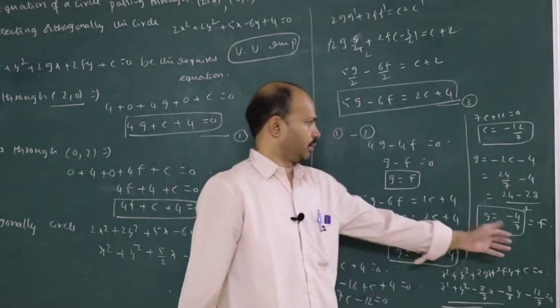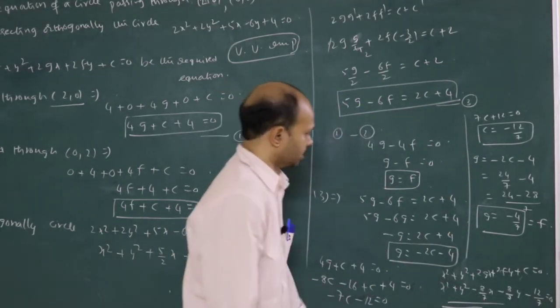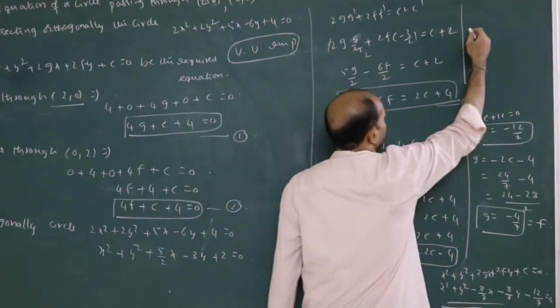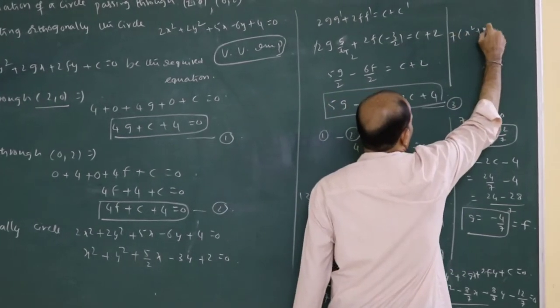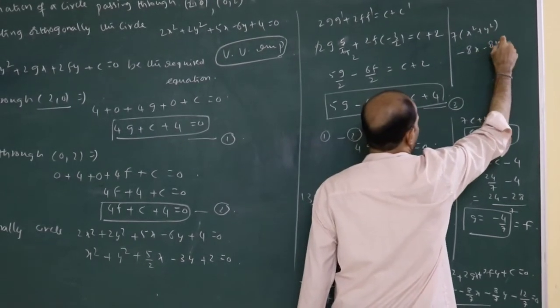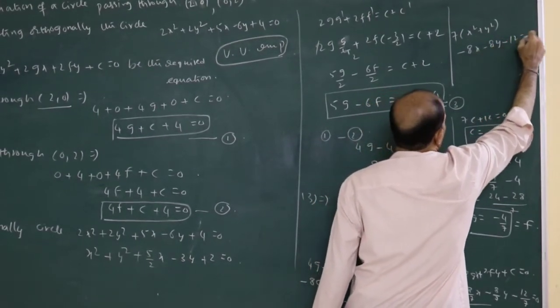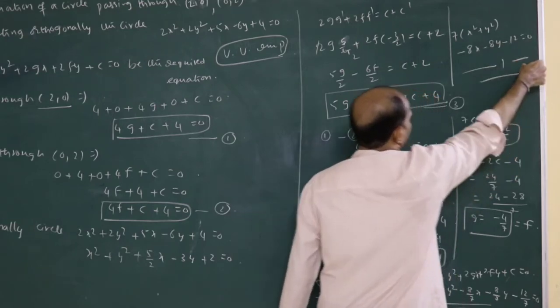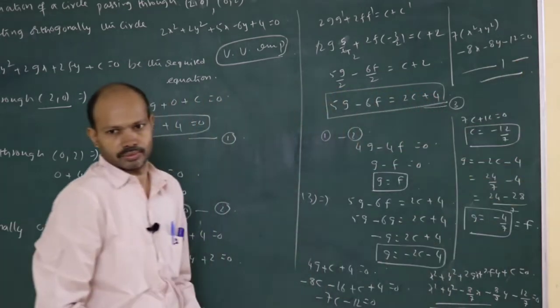Or you may write, multiplying by 7, 7 into x square plus y square minus 8x minus 8y minus 12 is equal to 0. This is the required equation of circle.